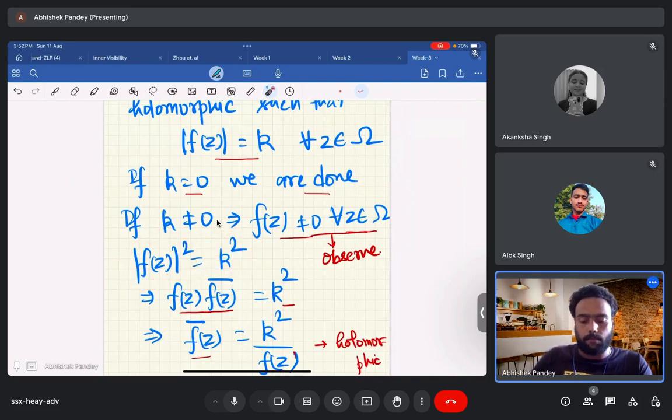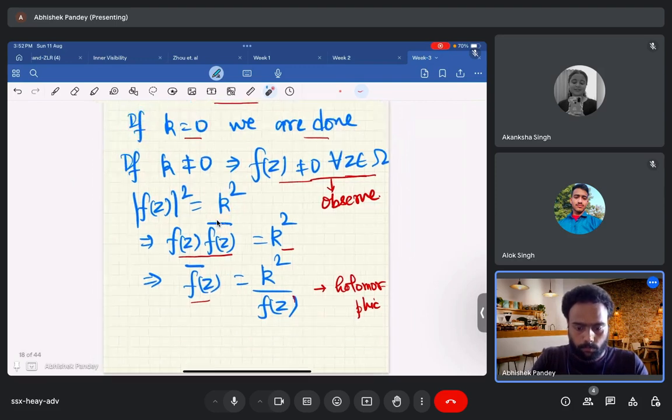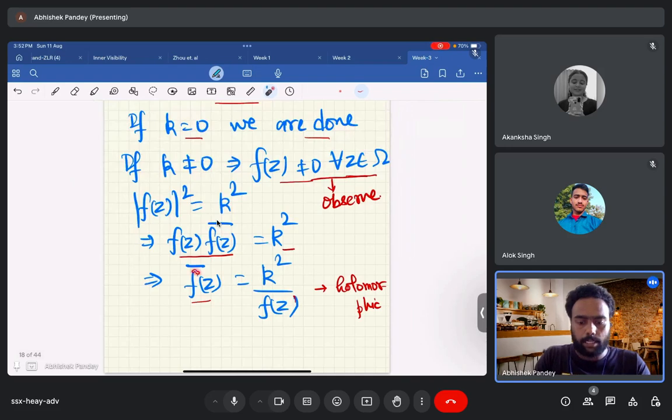It is nothing but f(z) times f(z) bar. So now f bar(z) is what? k squared upon f(z).